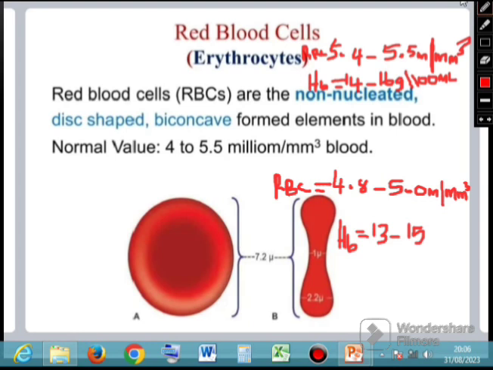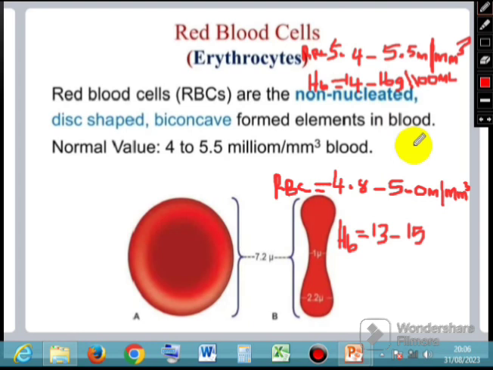So, the reason for this is simple. It's because of the male androgen or testosterone, the male sex hormone. This hormone can act on the kidney. The kidney produces a hormone known as erythropoietin. Have you heard of erythropoietin before?